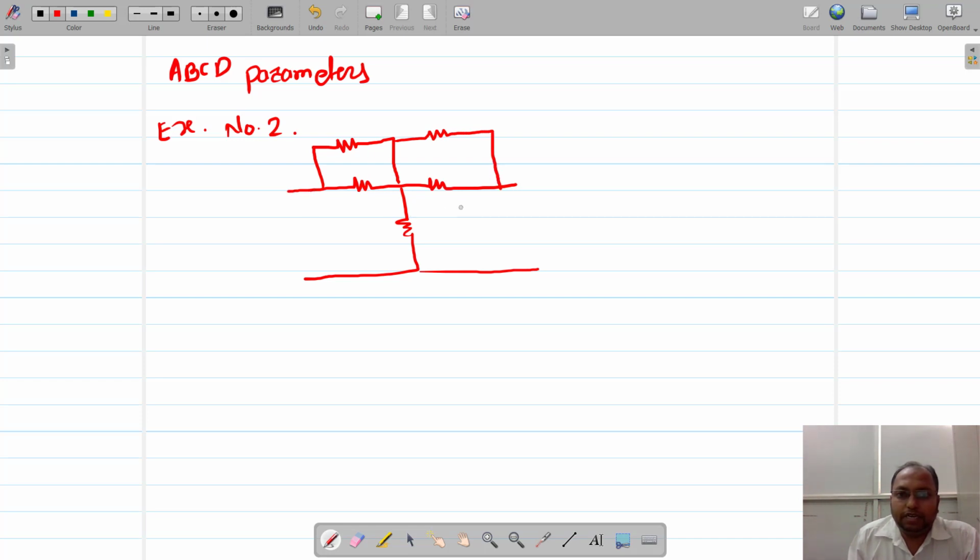So this is a different kind of example, right? We have seen another type of example in a previous lecture for H parameter, right? So this is another kind of circuit, in which these two resistors are in parallel and these two resistors are in parallel, right? So ultimately we are going to reduce this parallel combination and then we can go for applying the ABCD parameters. Is that fine?